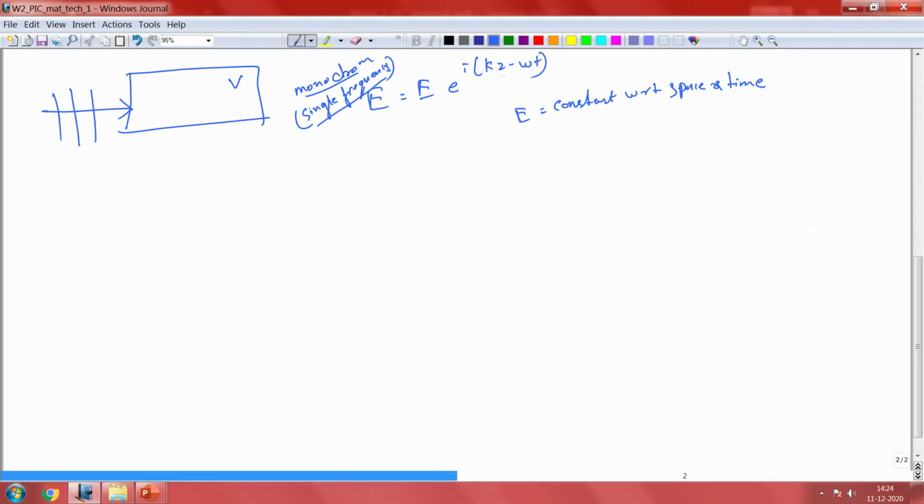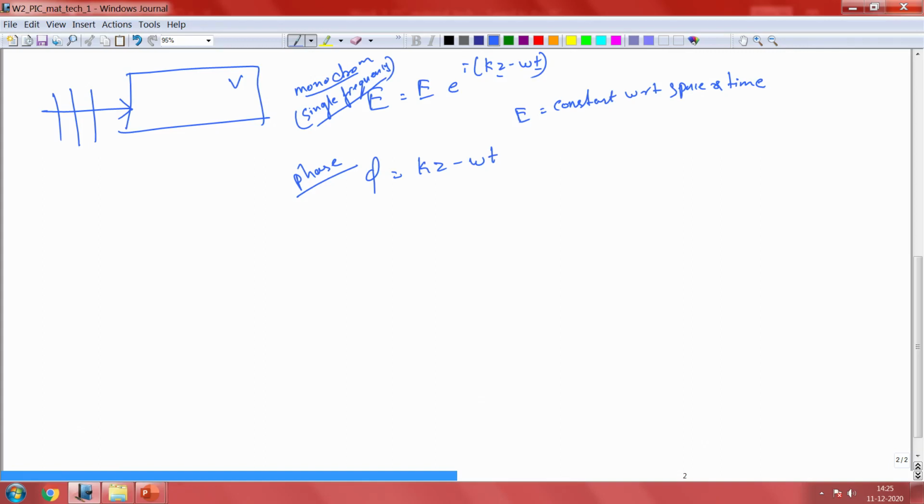So, now when you look at this very simple wave, right, it is a sinusoidal wave, and it has a phase that is varying along the propagation direction z and also with respect to time. All right. So, the phase here can be written as kz minus omega t. So, this is the phase of your very simple propagating wave, right.